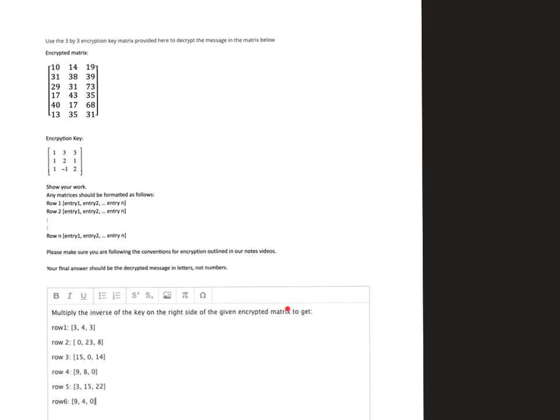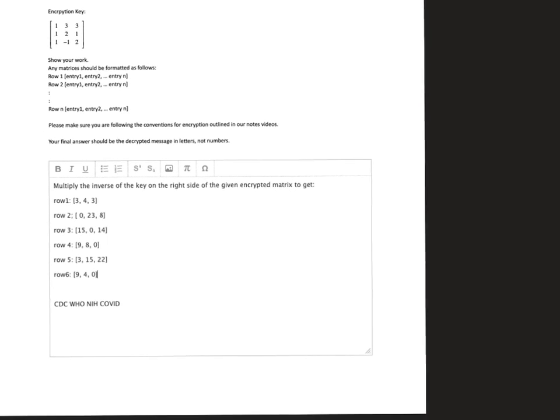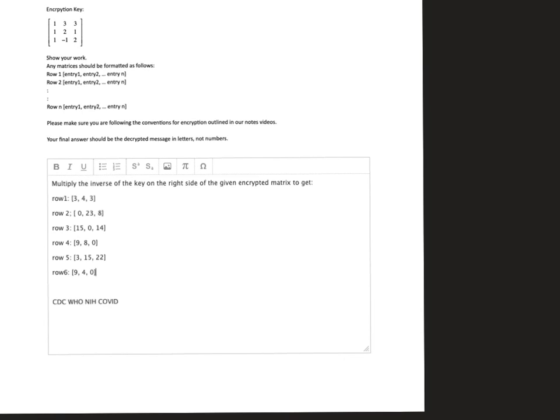I know it's challenging to type too many matrices here, so in terms of the work, I just want you to tell me that this is what you're going to do, and then I do want to see this decrypted matrix here. So I want to see this description of the method, this decrypted matrix, and then the letters, not the numbers.